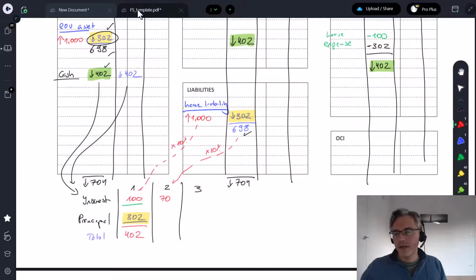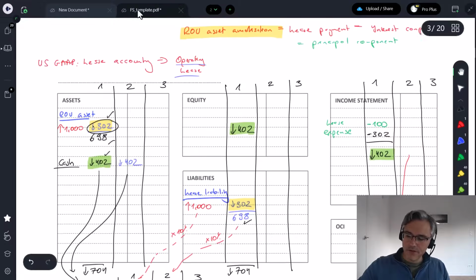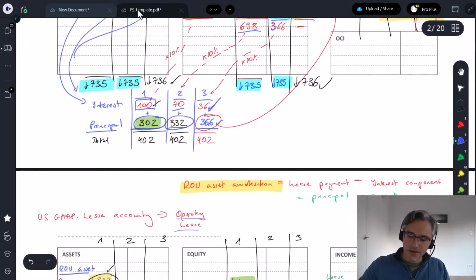I'm following the same logic for calculations as before. And because the overall cash payment is 402, I need to find the missing figure, which naturally is going to be 332. So this logic of dissecting the payments is exactly the same as before under IFRS, under the finance lease example.